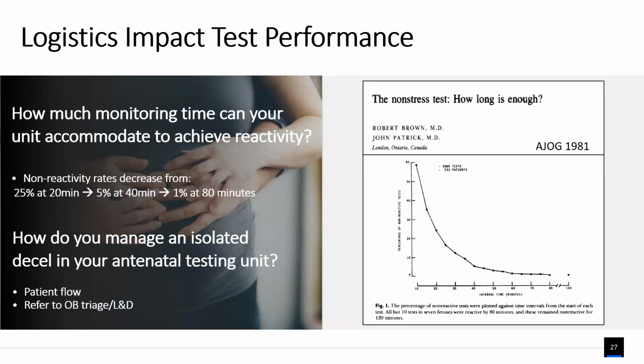Even ACOG will say an isolated mild deceleration is not associated with adverse outcome if it's not recurrent or severe. And yet, I would imagine that we're not the only practice where there are times where it's difficult for us to keep the patient on the monitor long enough to get our reassurance, and we do ask for some additional monitoring time on the labor floor just because we can't accommodate it as an outpatient.